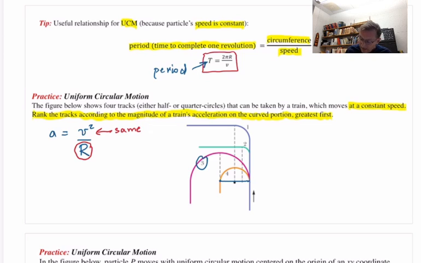Now let me erase. What's the next biggest radius? Do you see? Did you say curve 4? Its radius is right there. Just drew it right there. Isn't that half the radius of track 3? Okay. Do you see another track that has the same radius as track 4?